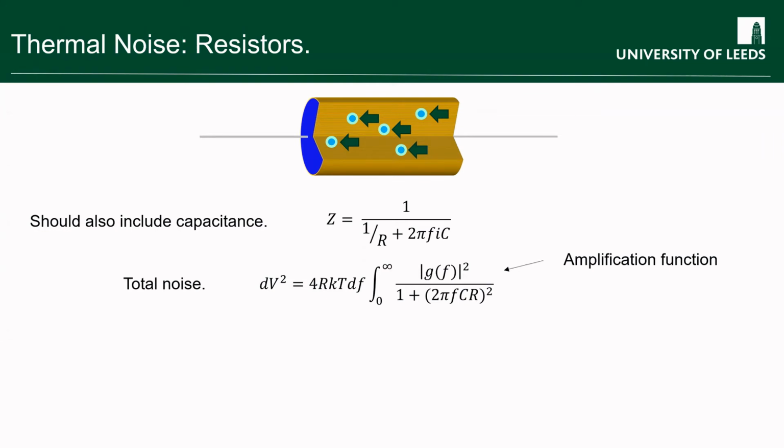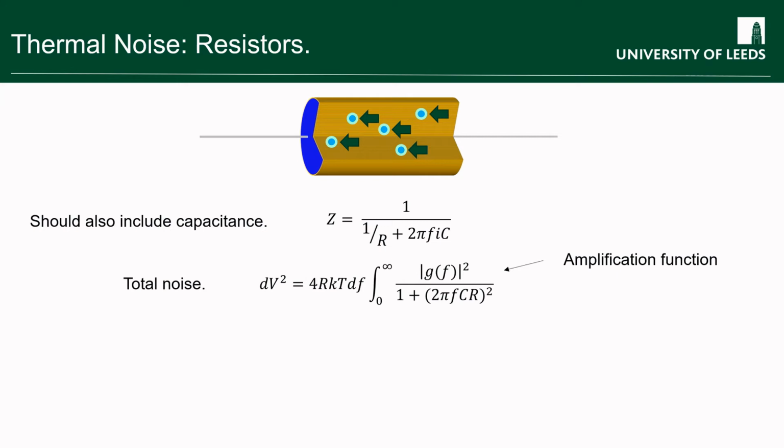But what you end up with, if you crank through all the analysis, is that your noise still has this factor of 4RkT in the square of the RMS voltage noise, but you have an additional factor which takes into account the capacitance, which again is going to be typically dependent on the frequency.